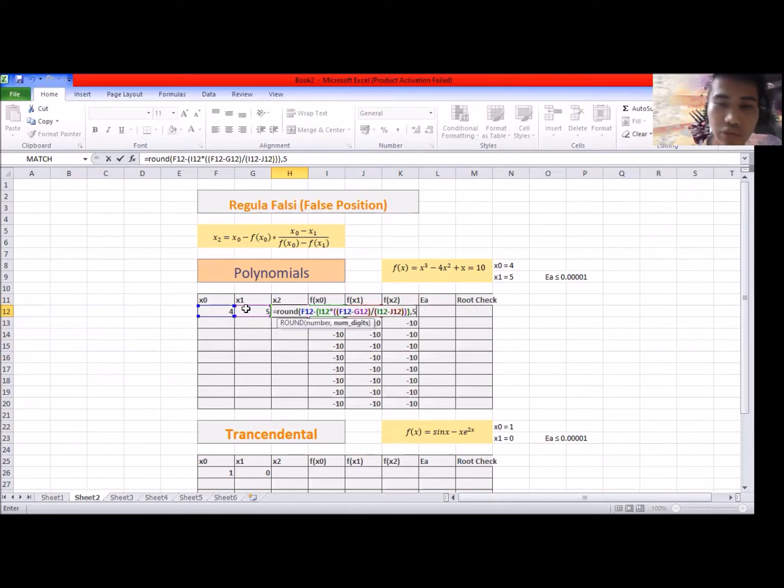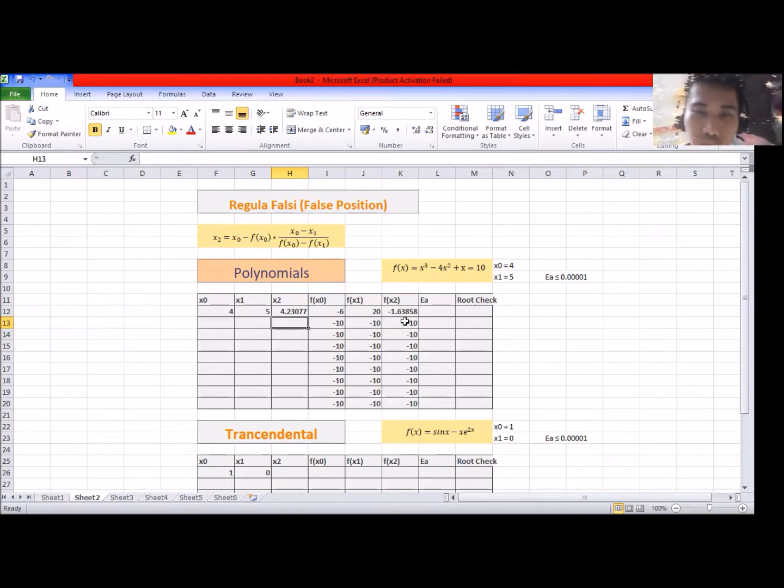So drop out the random decimal places. Then here we get 4.023077, the x of 2. Then we have the function of x of 2 equals negative 1.63858.